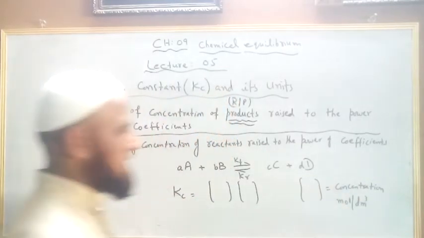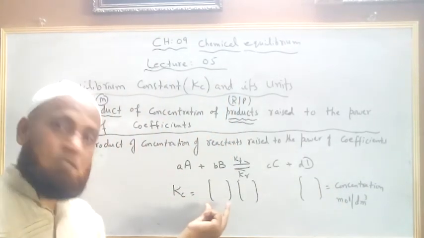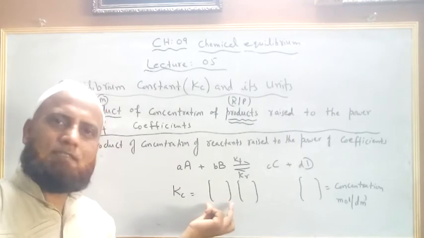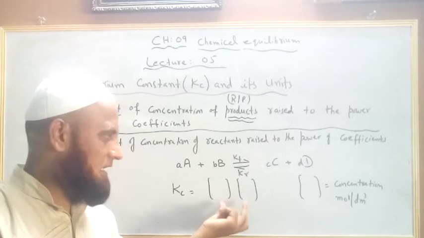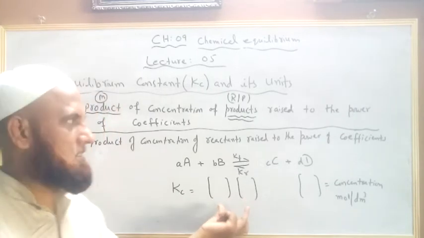Concentration means mole per dm cube. So when I use square brackets, it means concentration. Then when I use the product symbol, this is product of concentration.